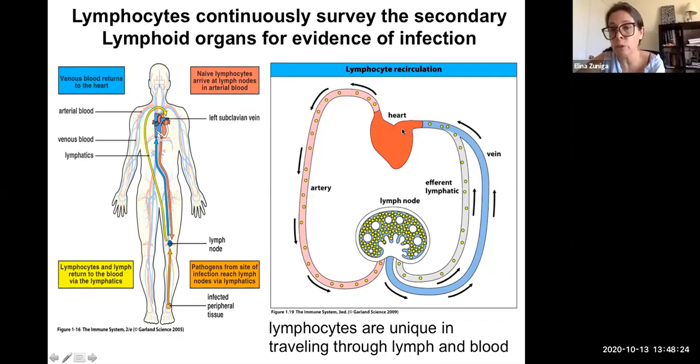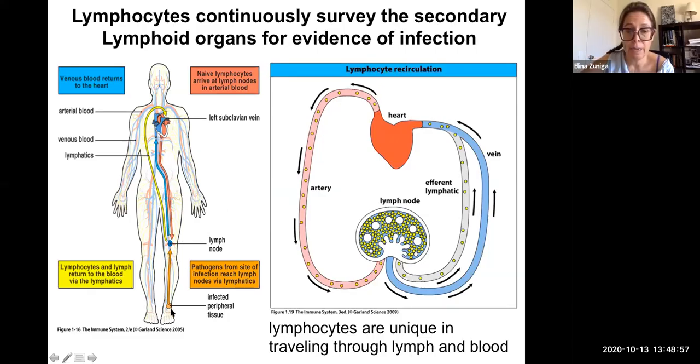And this is how the lymphocyte now will get into blood circulation again and will start again getting into a lymph node via the blood, and then again leave the lymph node via the efferent lymphatic, and again may enter another lymph node and then leave and enter another lymph node, and so on and so forth. This will be the recirculation of a naive lymphocyte, okay?